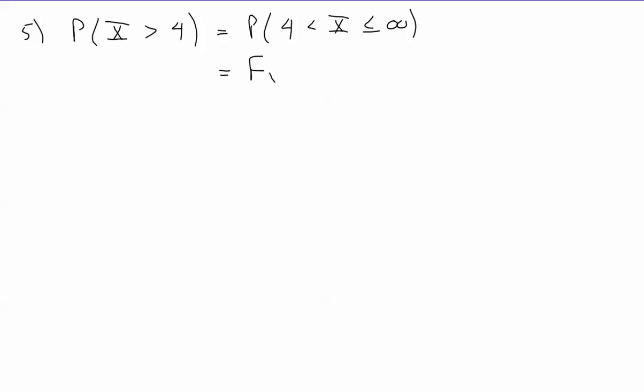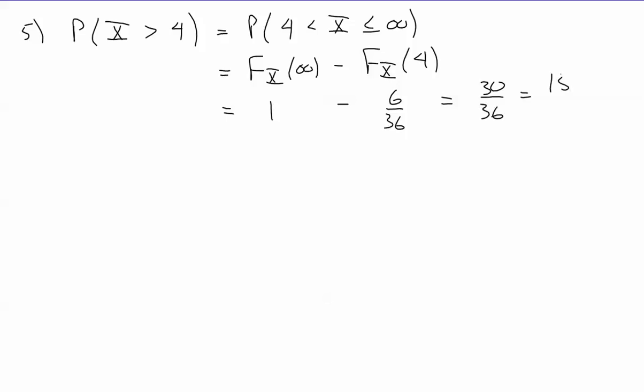This is my cumulative distribution function evaluated at infinity minus my cumulative distribution function evaluated at 4, and that's clearly 1 minus 6/36. That works out to be 30/36, or 15/18.